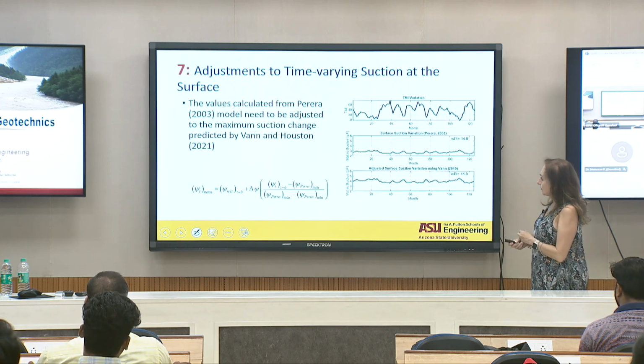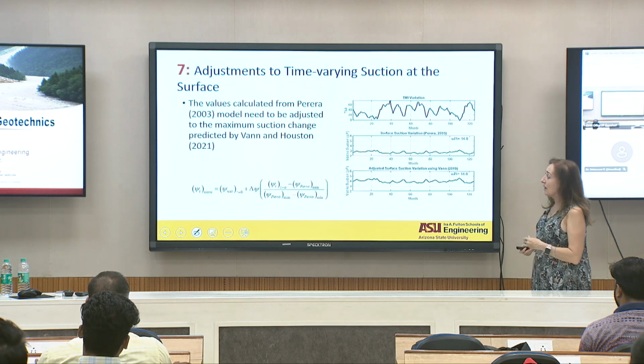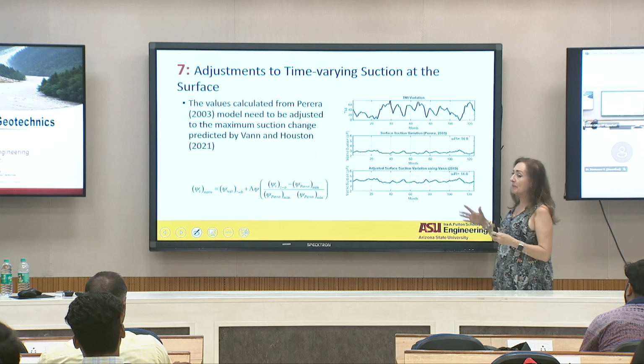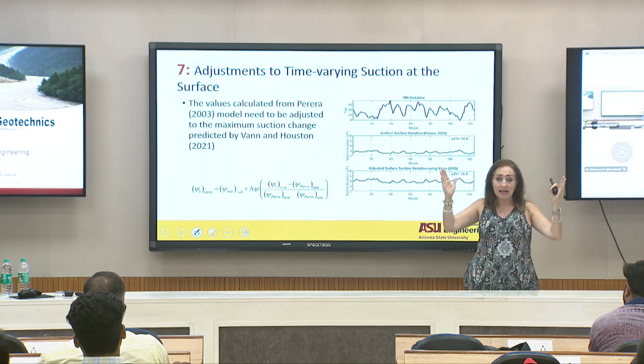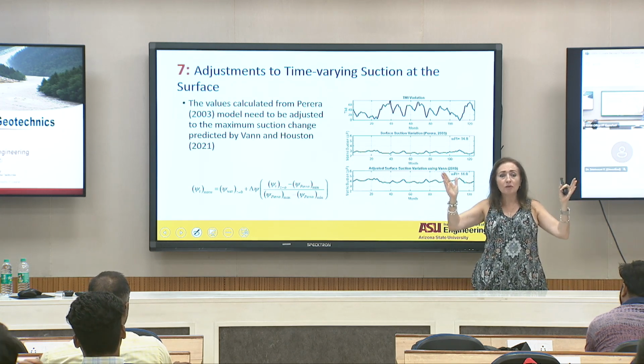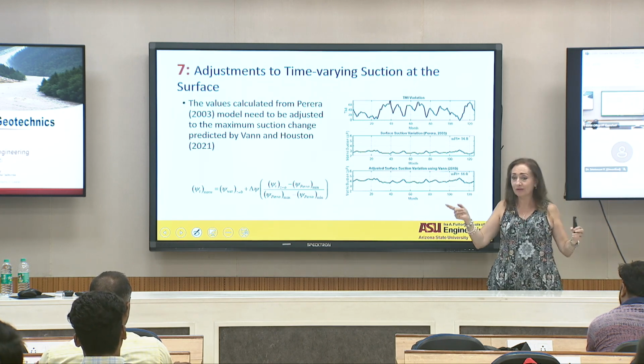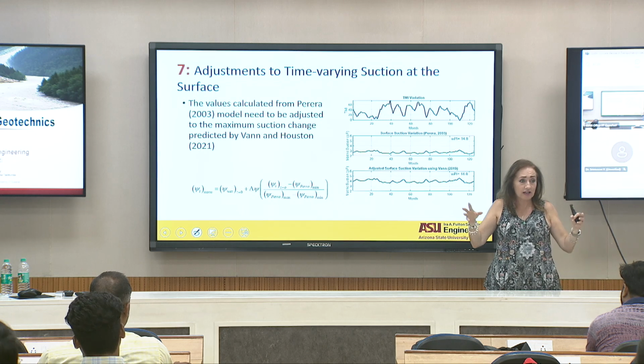Now, there were some adjustments that we have to do at the surface because remember that the Van found an envelope, and some of the data that we did with the Pereira went out of the envelope, right? Because we did it for different soil types.